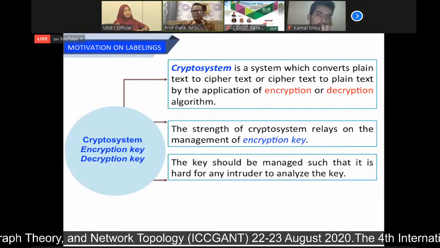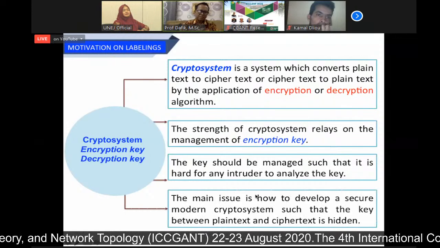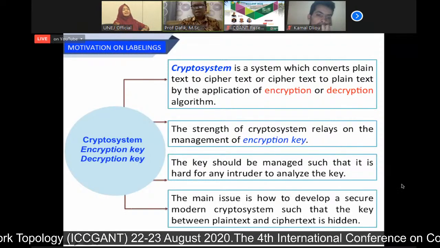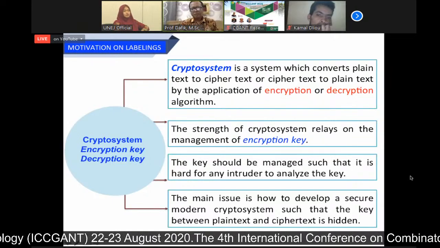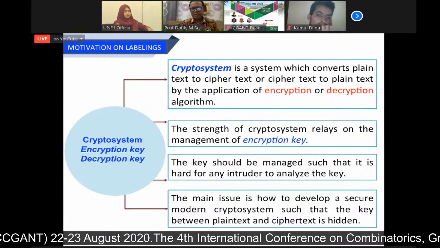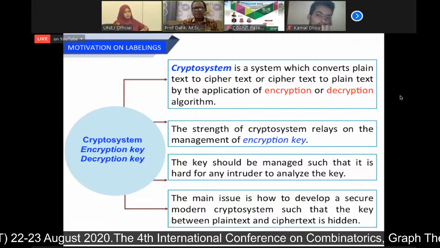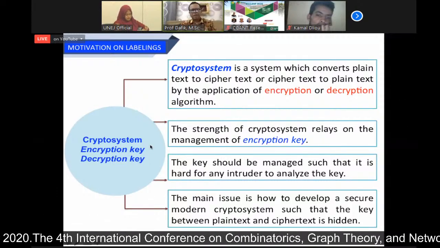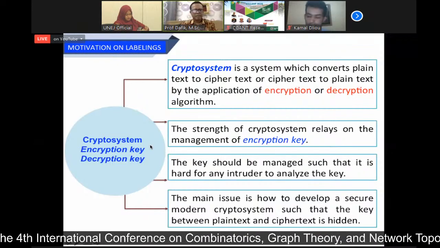That's the concept of a crypto system. So the main issue is how to develop a secure modern crypto system such that the key between plaintext and ciphertext is hidden.